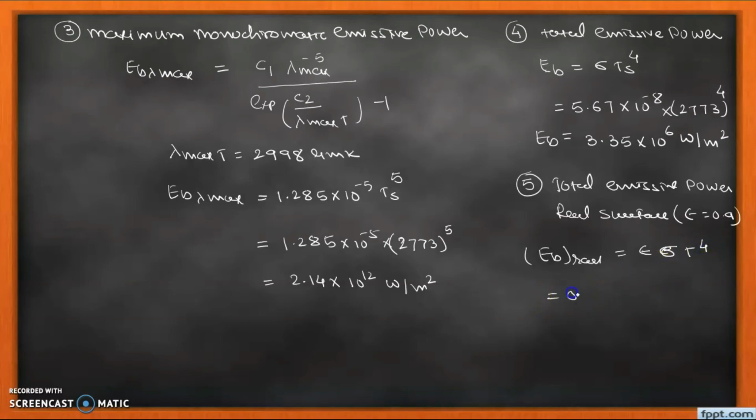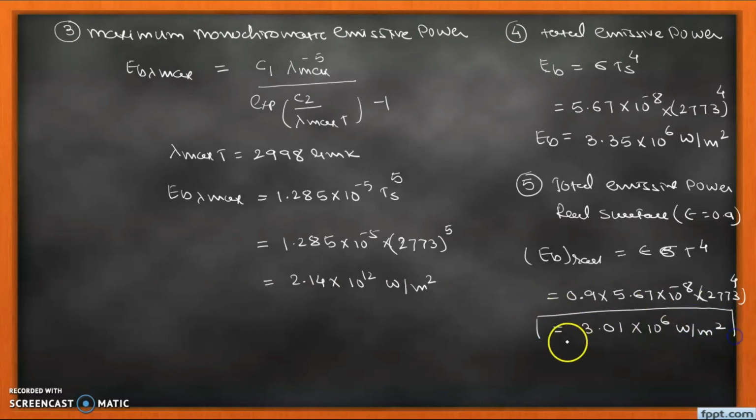The value of emissivity is 0.9, the Stefan-Boltzmann constant is 5.67 into 10 to the power minus 8, and the temperature is 2773, whole to the power 4. So we get the answer, that is 3.01 into 10 to the power 6 watt per meter square. So these are our final findings for this numerical.